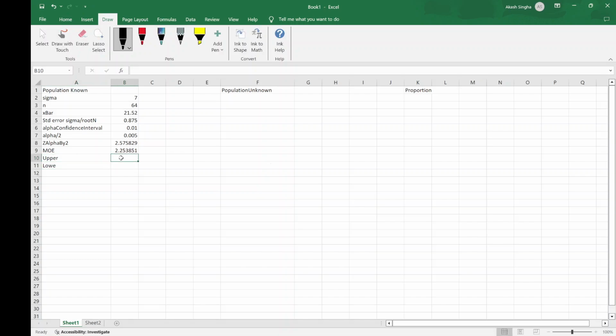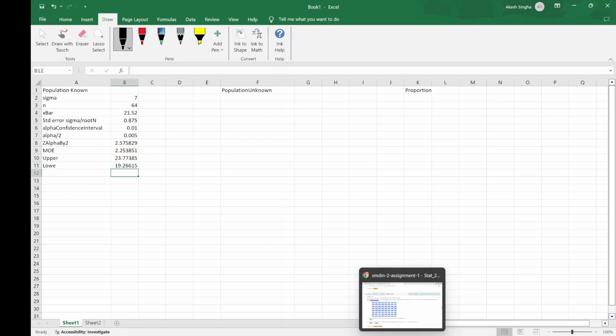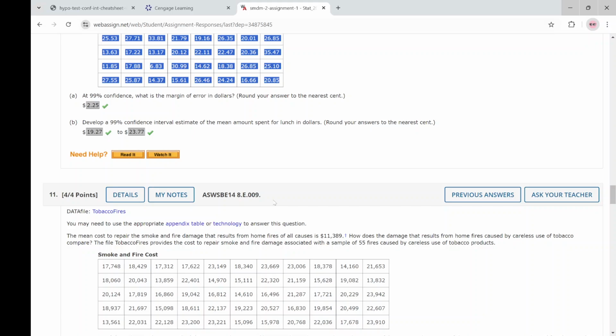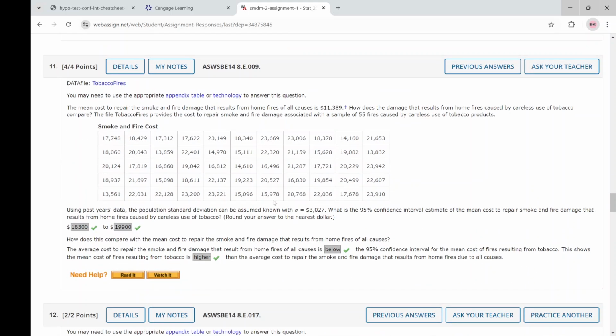Upper will be x bar plus the MOE, and lower will be x bar minus the MOE. So this will be the answer. Using the same approach, you can do any of the problems here.